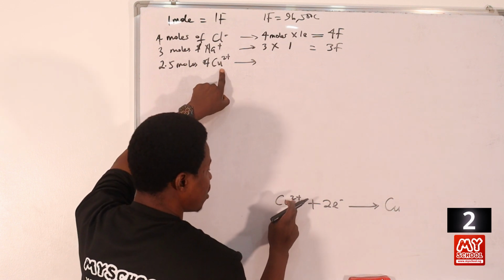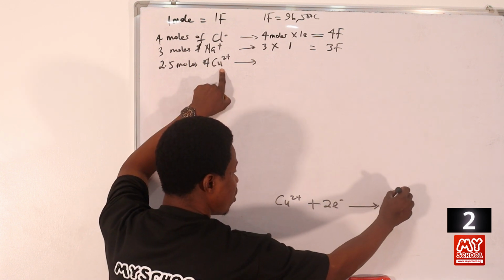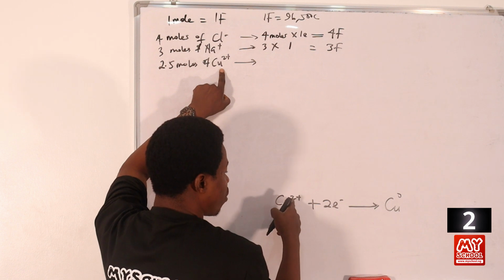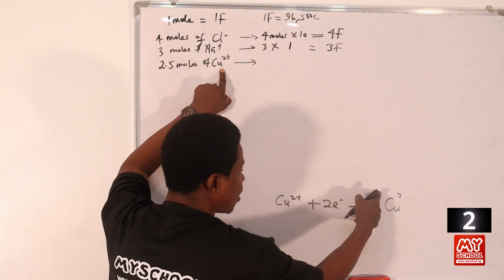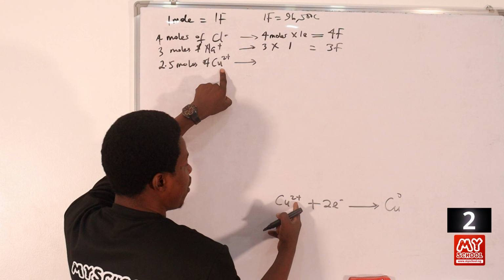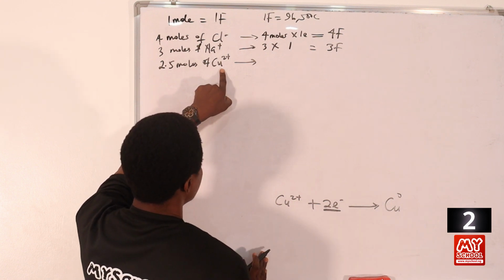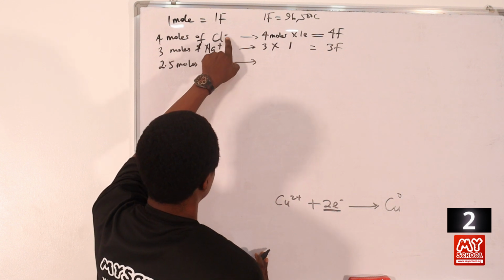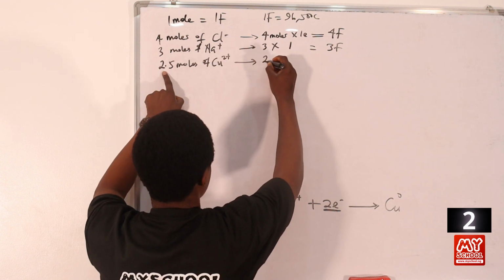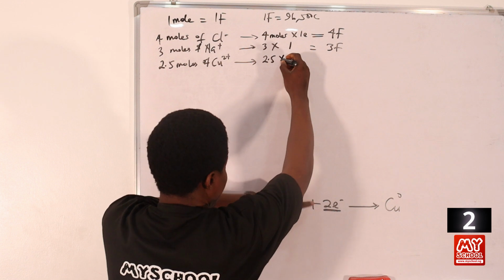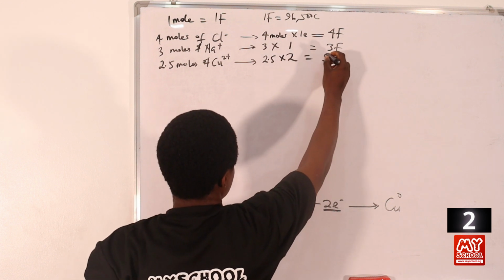There's reduction because this is 2 plus and the oxidation state of the metal is 0. A decrease in oxidation state is reduction. So copper ion is reduced to copper metal with 2 electrons, unlike here where we have 1 electron. So we have 2.5 multiplied by 2 electrons, which gives us 5 Faraday.